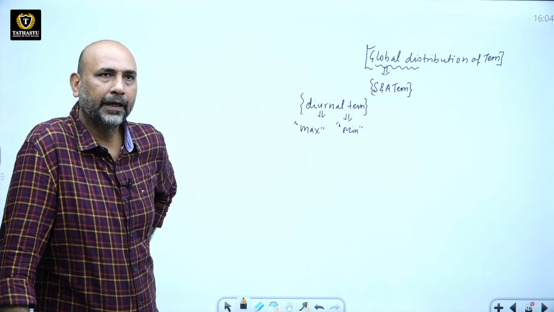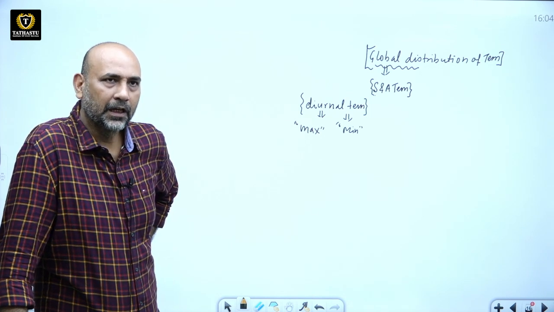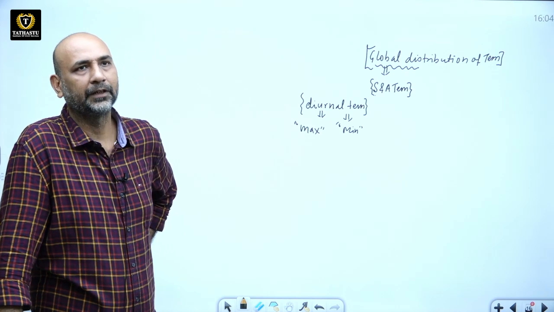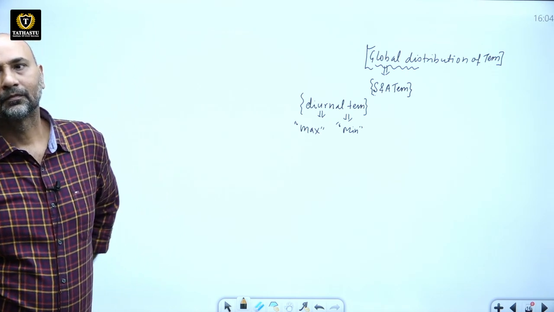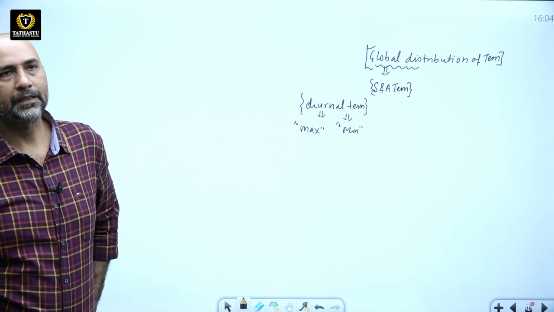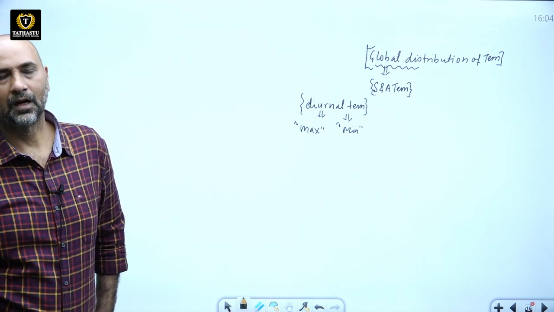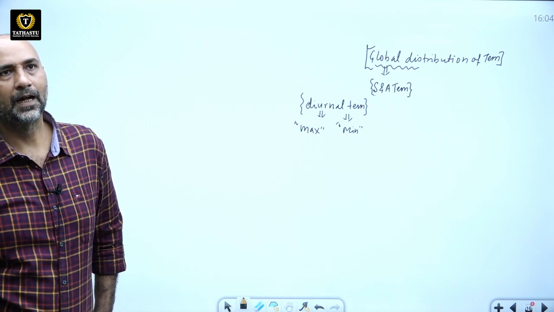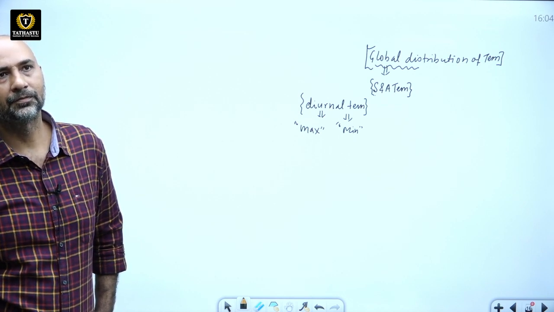A genuine request to you people, read something on IMD, because it is an institution. Understanding of institutions is very important because that helps in disaster management too.